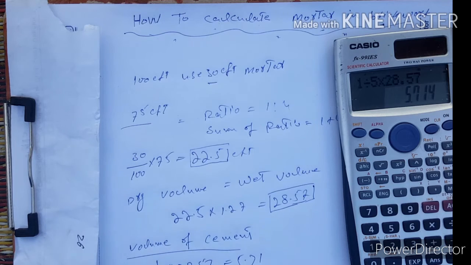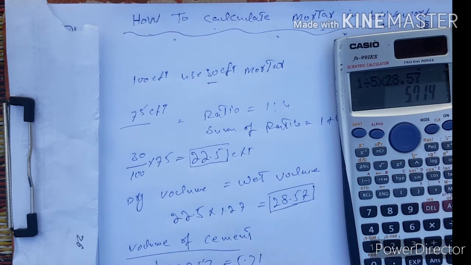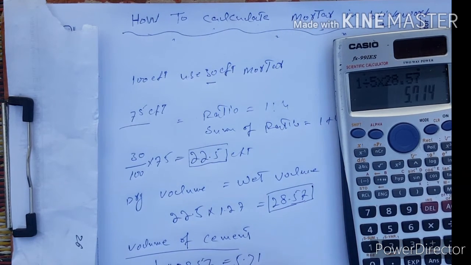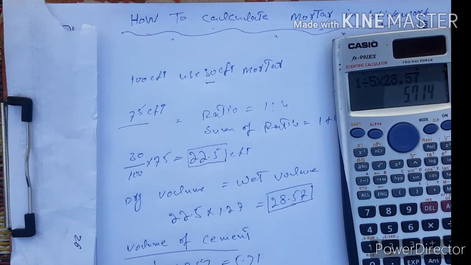It's the cement volume. I convert it to bags. One bag volume is 1.25 cubic feet.